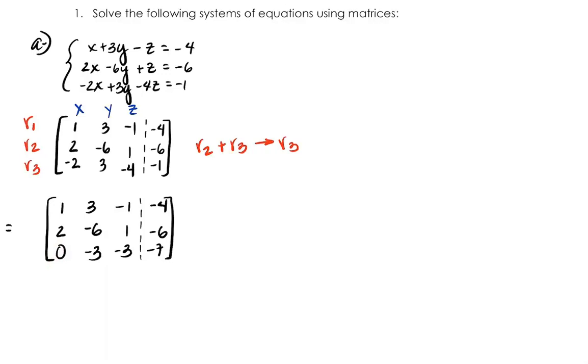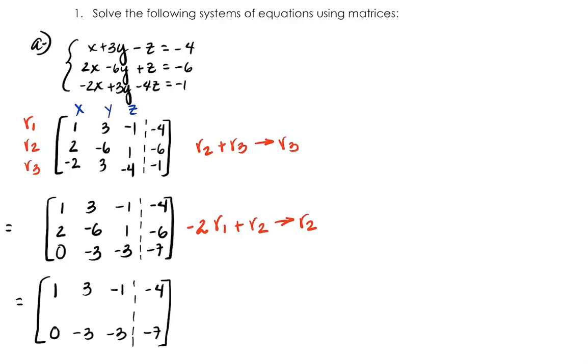Now we are going to multiply row 1 times negative 2 and add it to row 2 to create a new row 2. Row 1 and row 3 will stay the same. And now we are going to say negative 2 times 1 is negative 2 plus 2 is 0.